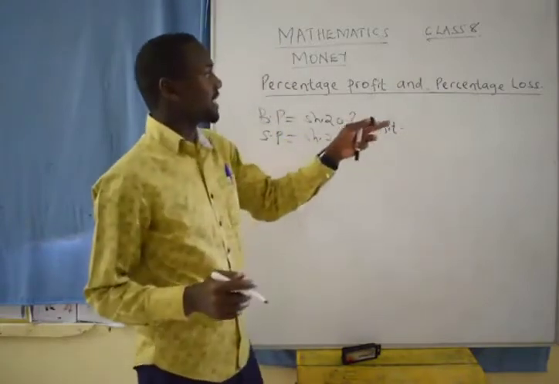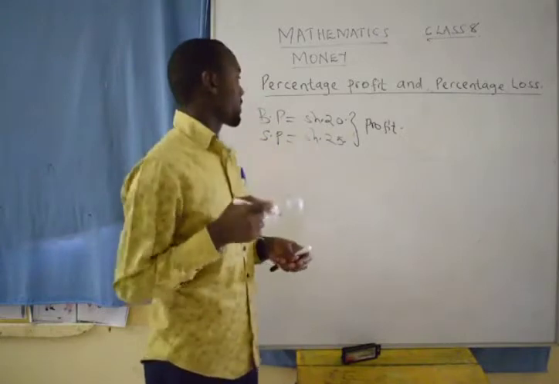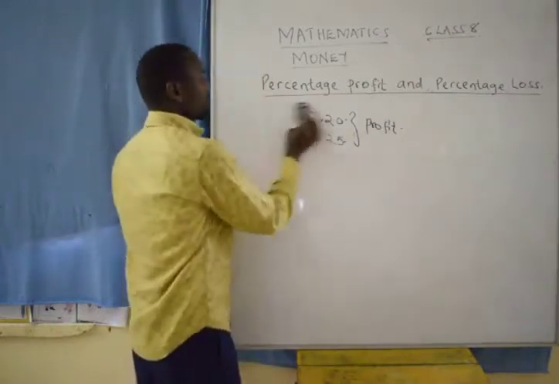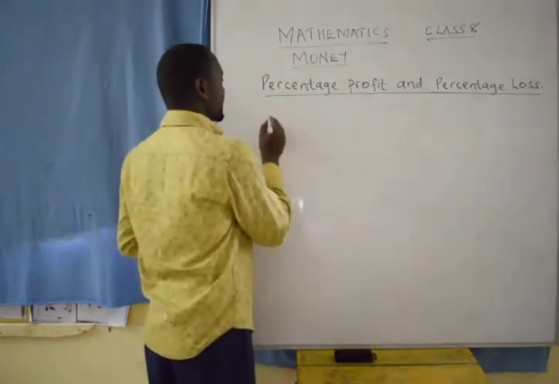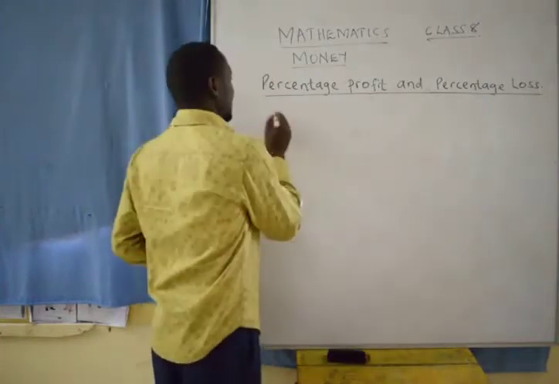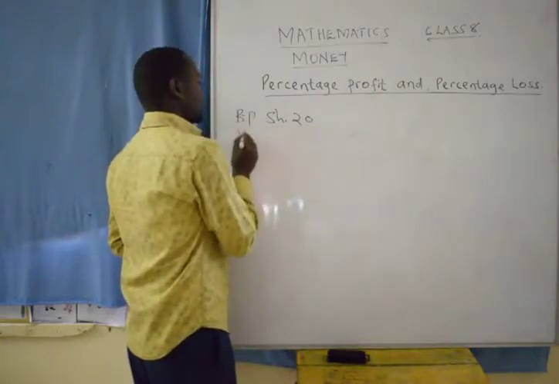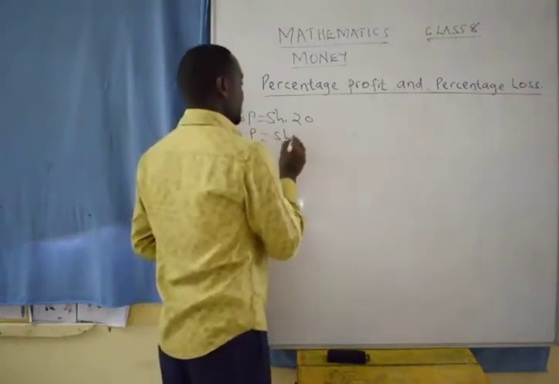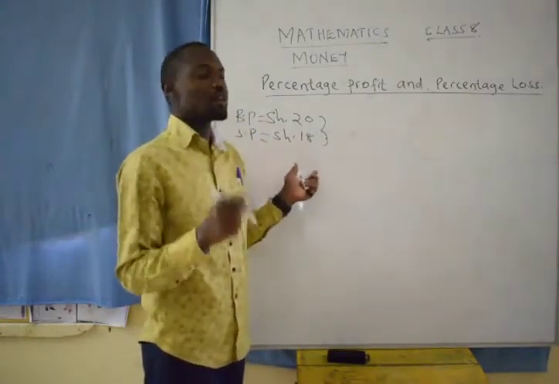You also say that loss is when you sell an item at a lower price than the amount of money you bought the item. For example, if you bought the same pen at 20 shillings, this is the buying price, and you sell the pen at 18 shillings, we see that you sold the pen at a loss.